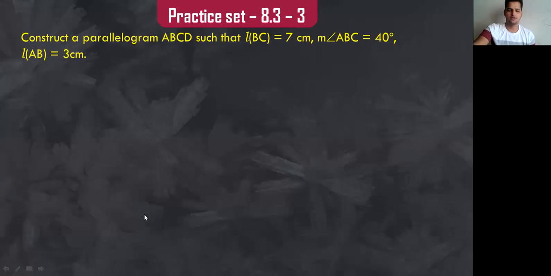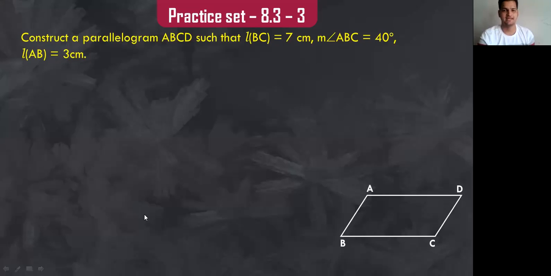As usual, whenever we construct a geometrical figure, we draw the rough analytical figure first. So ABCD is the required parallelogram where we are taking segment BC as the base of 7 centimeters.